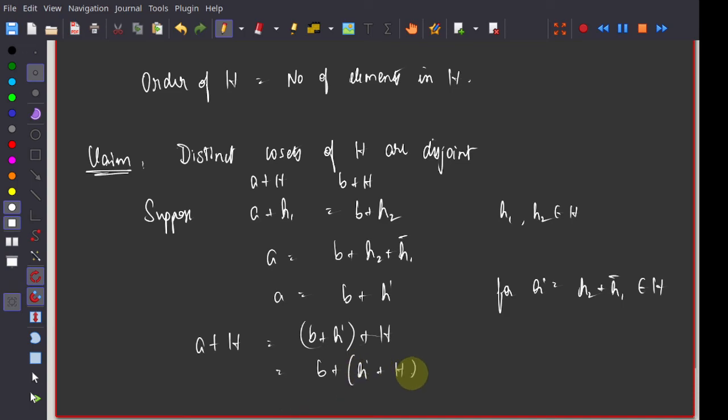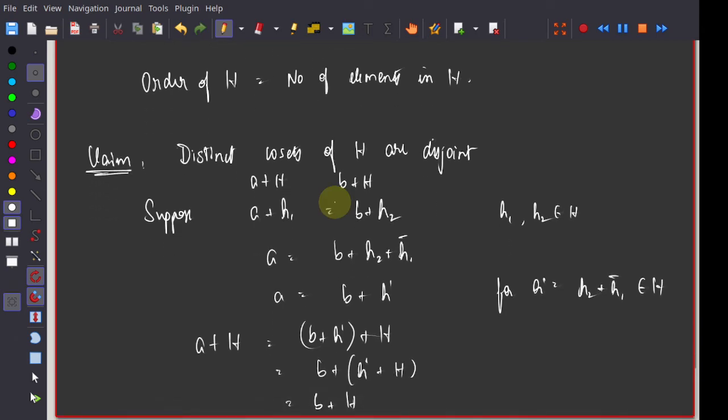But what is H prime plus H for any H prime in the subgroup H? It is H itself. So this is B plus H. So they're both exactly the same set. So if there is some non-trivial intersection, then basically they overlap completely. Otherwise, there's no overlap at all.